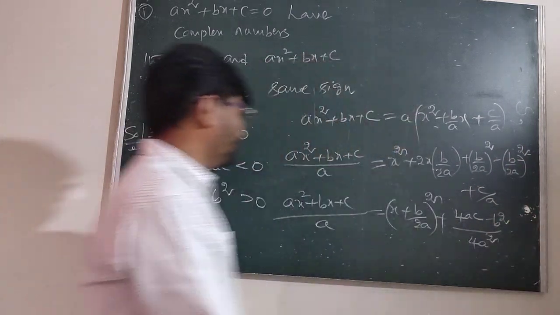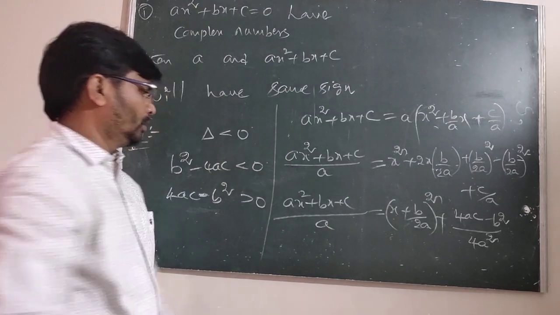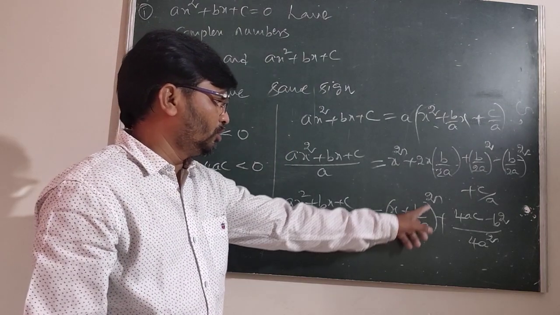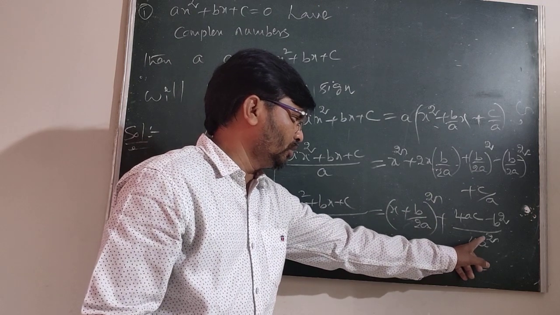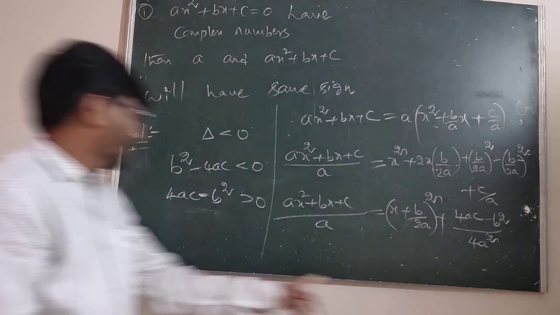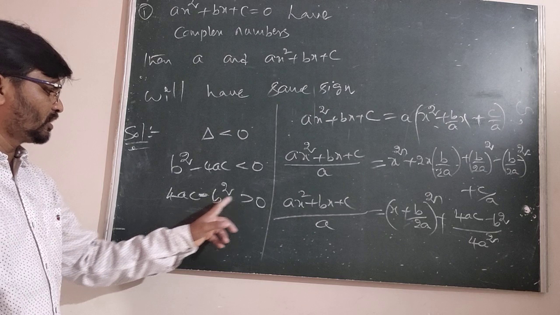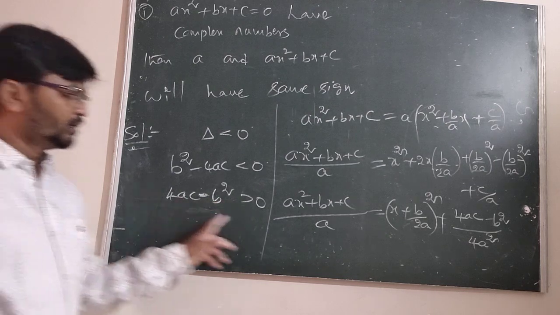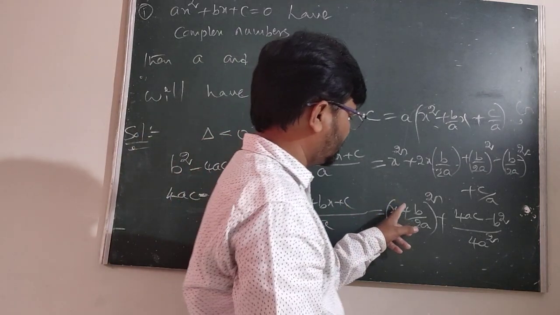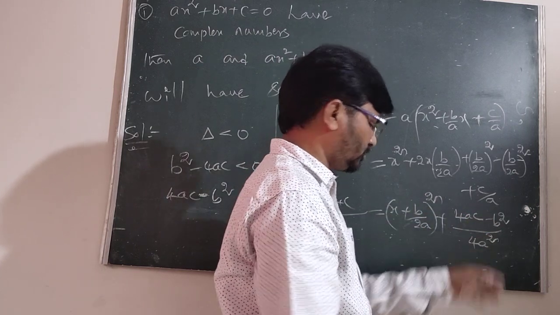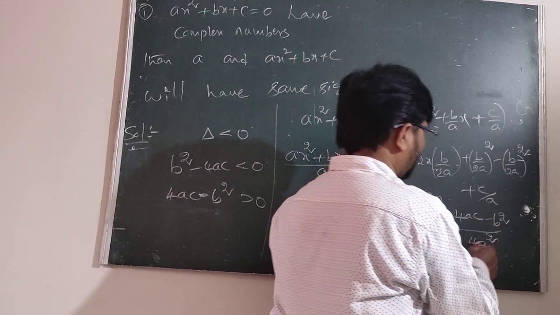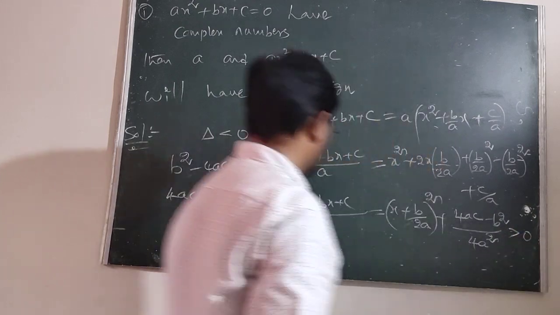Now observe here, x plus b by 2a whole square is positive. The denominator, 2a whole square, is also positive. And 4ac minus b square greater than 0 is also positive. Every perfect square number is greater than or equal to 0. Therefore each term is positive, that means greater than 0.